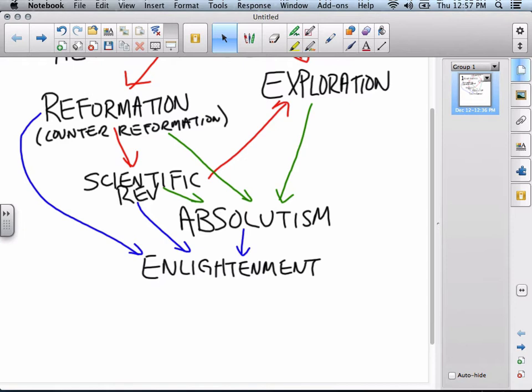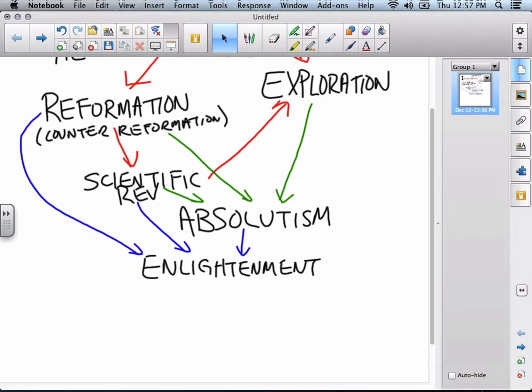And what kinds of questions are we asking during the Enlightenment? Should we obey them unquestioningly? Should we possess certain rights like free speech, freedom of religion, the opportunity to be educated? Should we have certain natural rights as human beings?